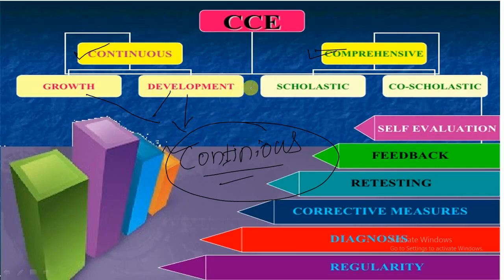Okay friends, so comprehensive is divided into two parts: one is scholastic, another is co-scholastic. Whatever you do in your classroom situation is scholastic, but what you do outside of the class is co-scholastic. When children are playing in the field, that is a co-scholastic process.